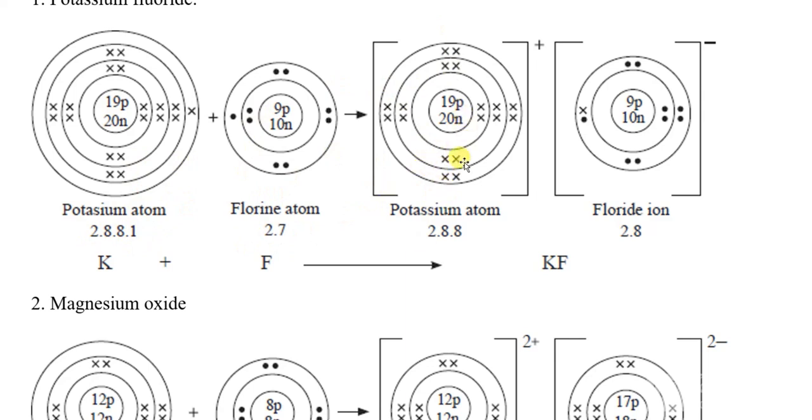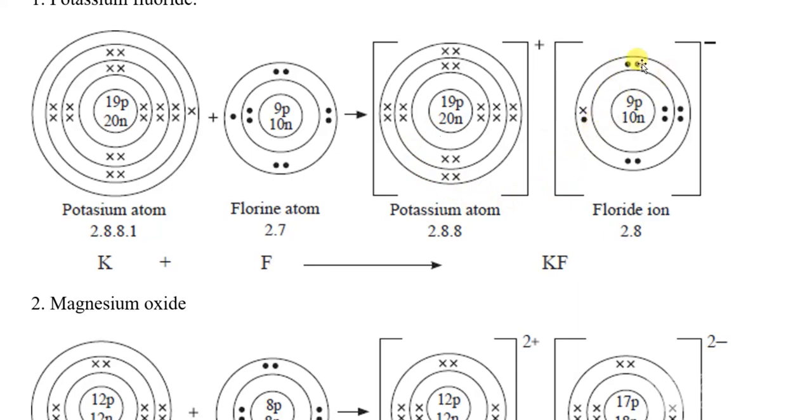Now, what is the difference? Potassium here has lost its outermost energy level. It has remained with 1, 2, 3 electron energy levels. Fluorine has gained 1 electron from here. We use an X to differentiate the electrons of fluorine from the electron gained from potassium.